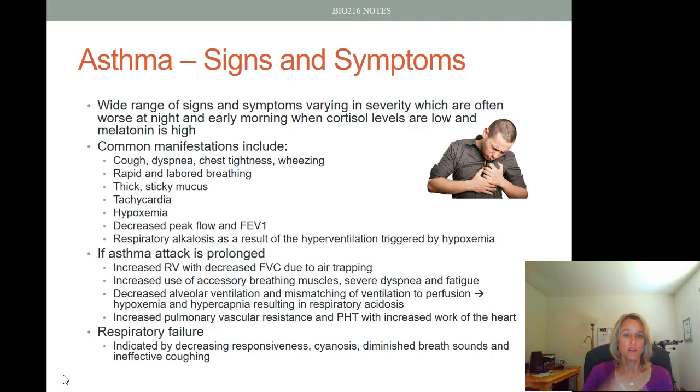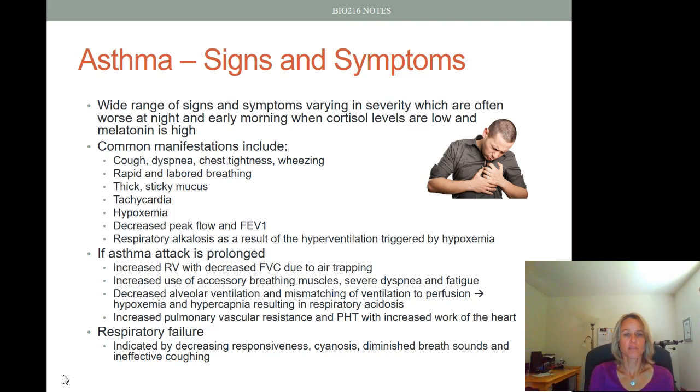Okay, so you can't get as much new air in if your residual volume is increased. Thus, you can't get as much out, so your FVC is down. We have increased use of accessory breathing muscles, severe dyspnea, and fatigue. Okay, so these patients are really working hard to maintain their ventilation.